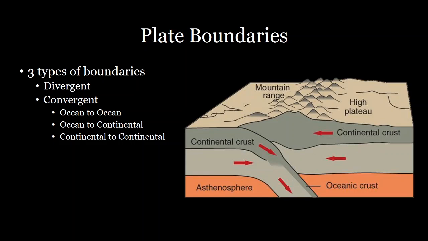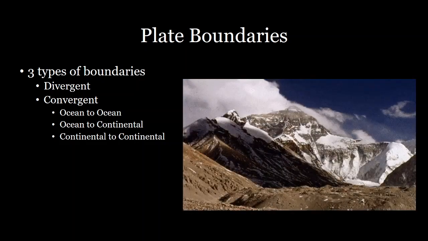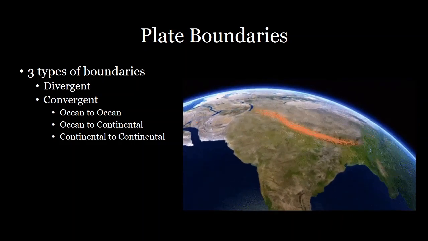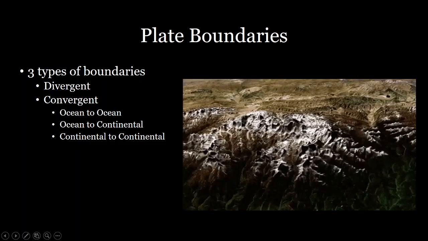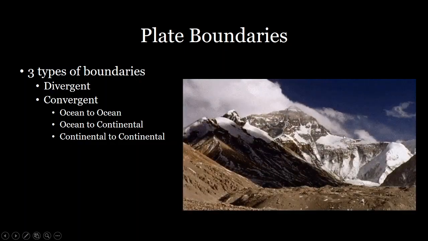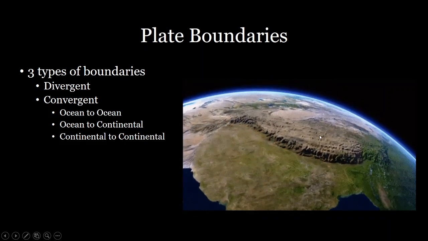These plates smush together, and that compression causes mountains to build up. And so usually some of the tallest mountains in the world were formed by continent-to-continent collisions. The most famous of which are the Himalayas. Mount Everest, for example, was caused by the Indian continental plate smashing into the Asian continental plate and forming very large mountains as a result of that compression.